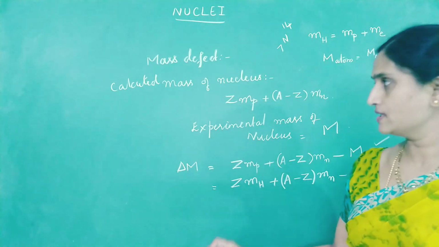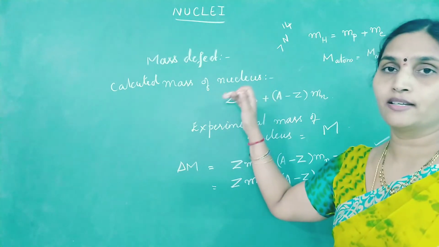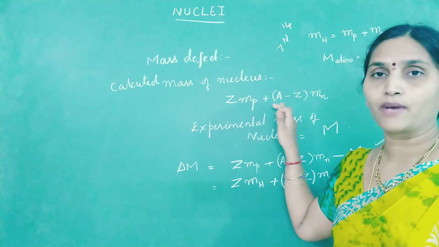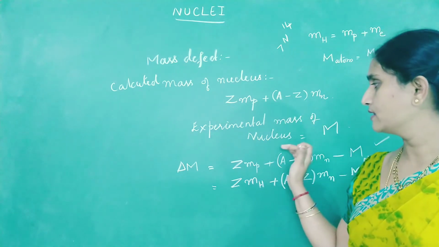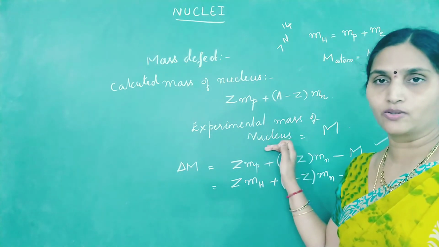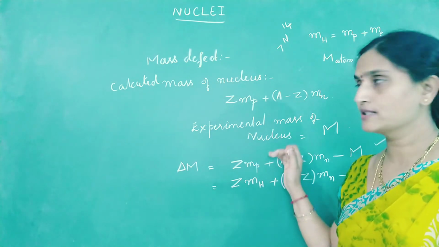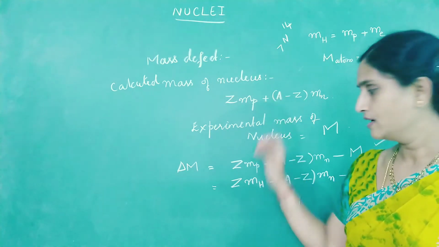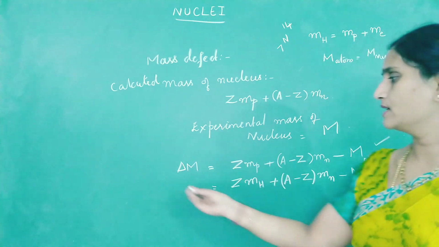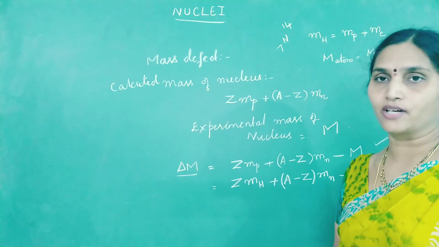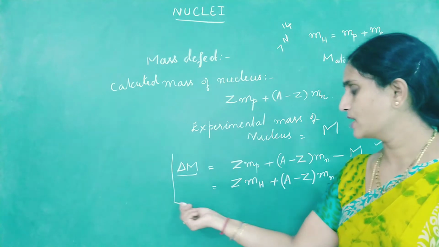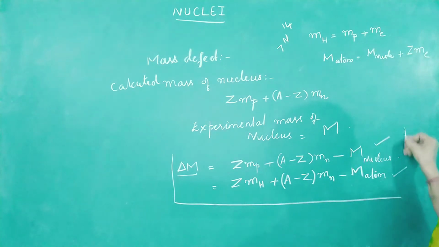Again I repeat, there is a difference between the experimentally measured mass of nucleus and the calculated mass of nucleus. Always the experimental mass was found to be slightly lesser than the calculated mass. This difference is called the mass defect. So we can write mass defect in two different relations.